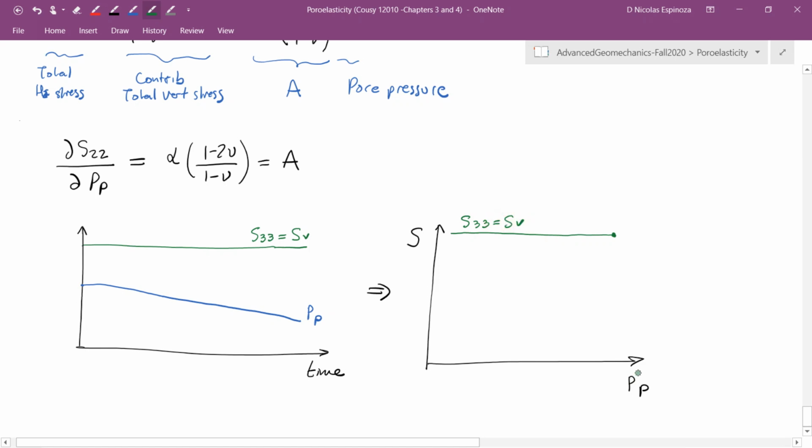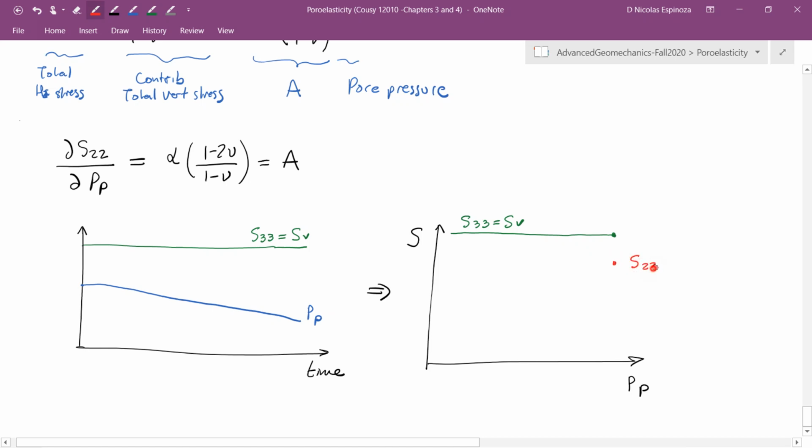But as I change the pore pressure, the total horizontal stress is going to change, and it is going to change proportionally to this parameter A. So let's assume that we have a starting total horizontal stress S22, which is somewhere around here.